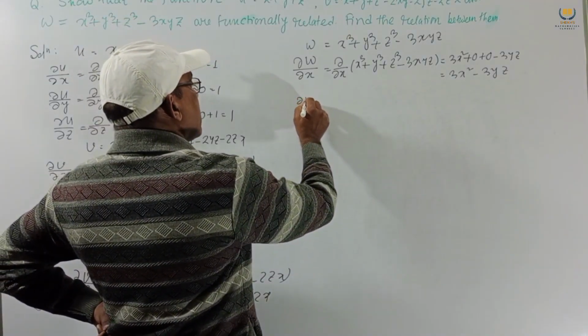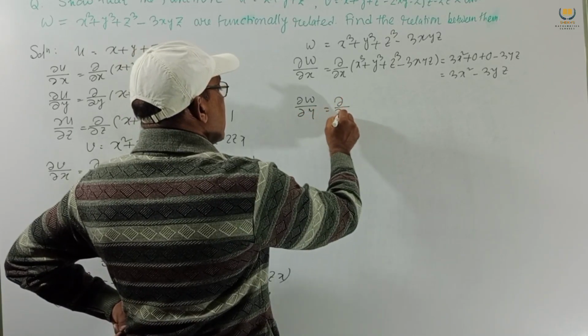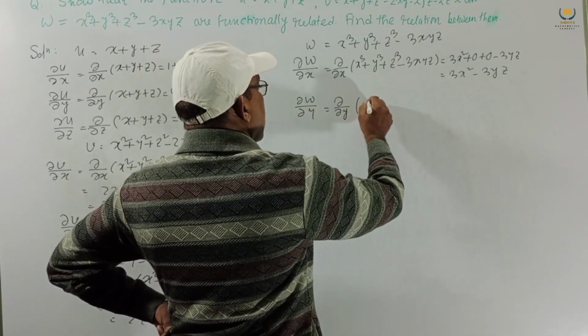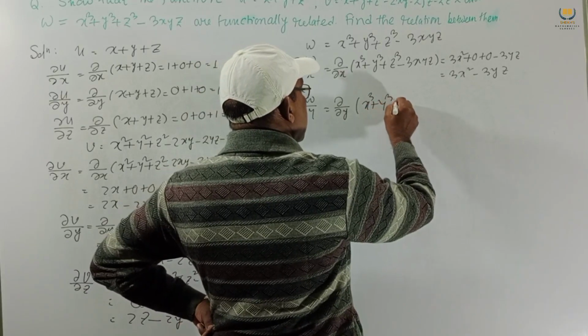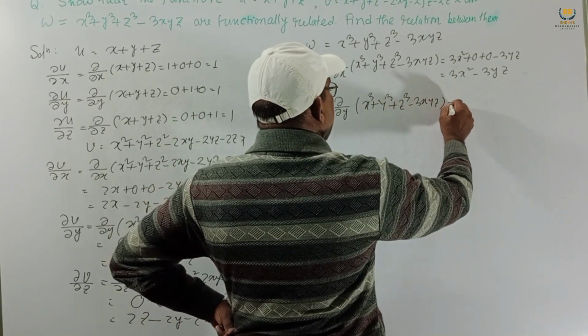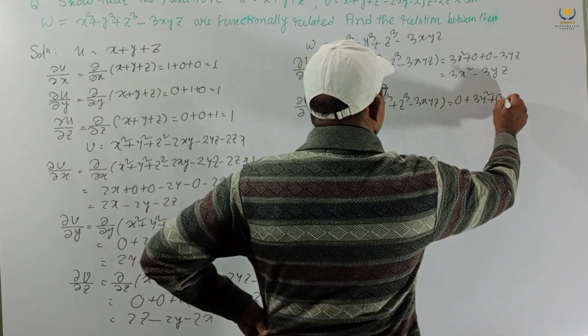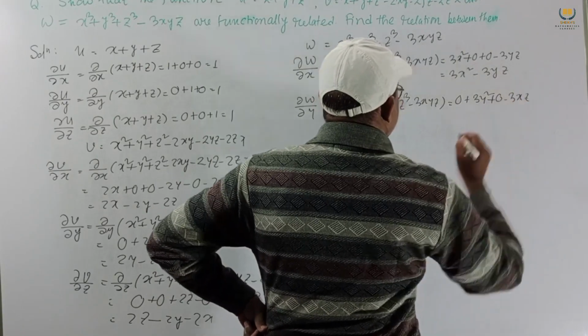And del w del y, this will be 0 plus 3y square plus 0 minus 3xz.